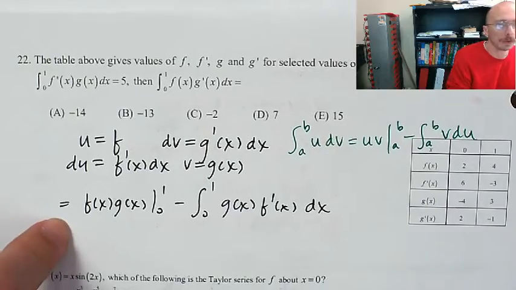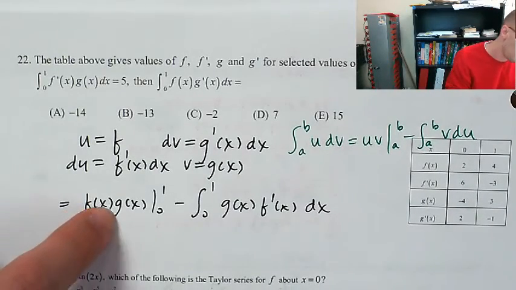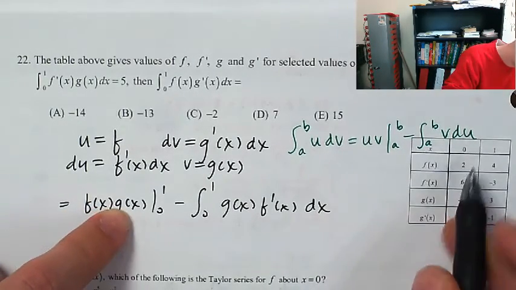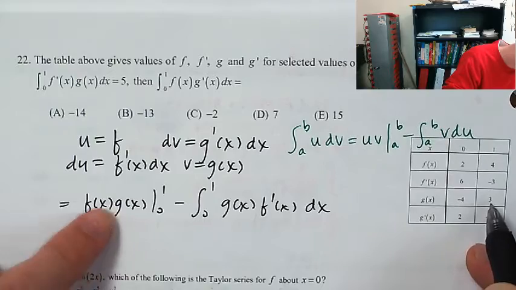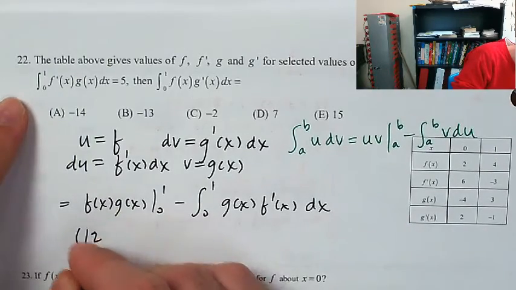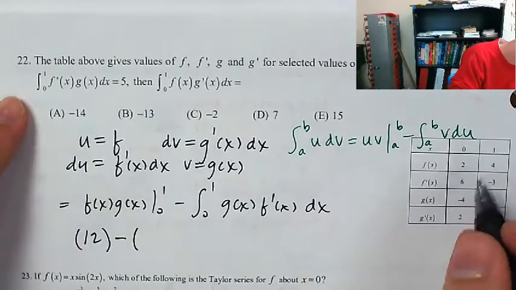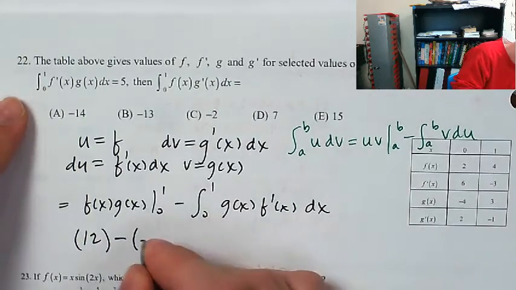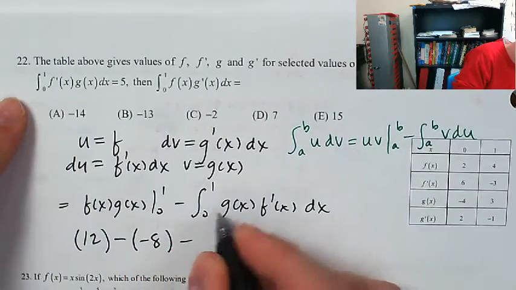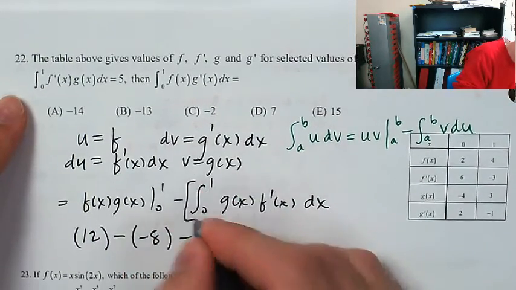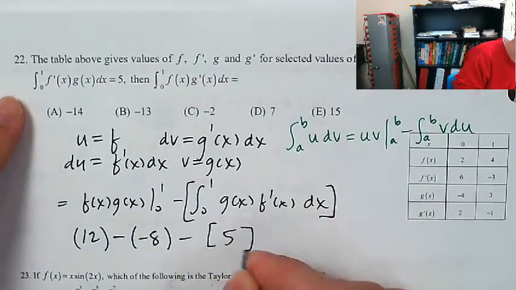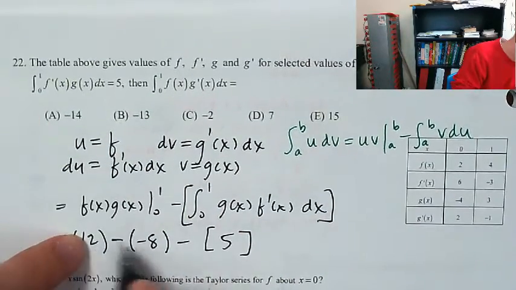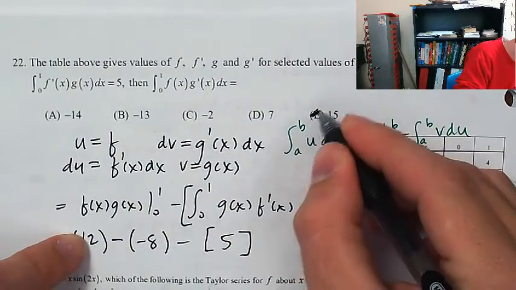Now, what we need to do is say, okay, f of 1 times g of 1, 4 times 3 is 12. F of 0, g of 0 is negative 8. And then we know that this integral here is going to be 5 from up here, the statement of the question. So we've got 20 minus 5 is 15.